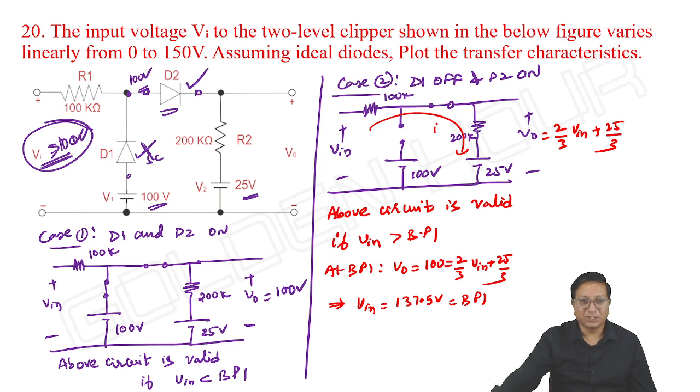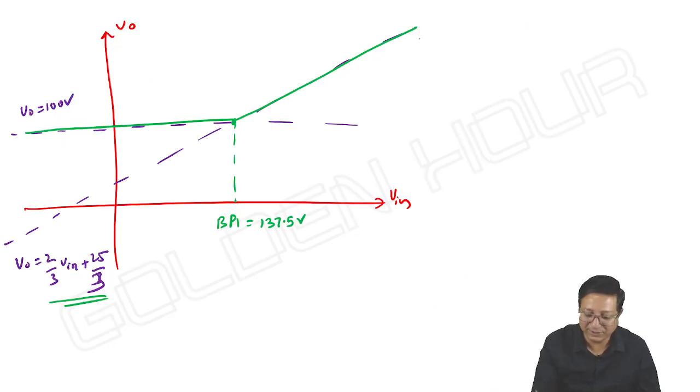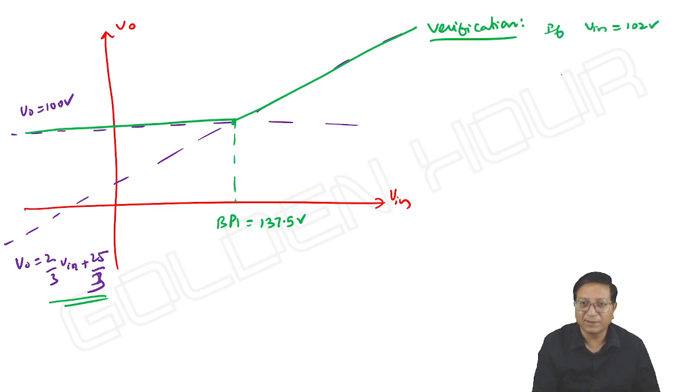Input less than 137.5, D1 is on. I'm saying we can cross check it. Verification. If V input is equal to 102 volts, then what happens? Both D1 and D2 should be on.